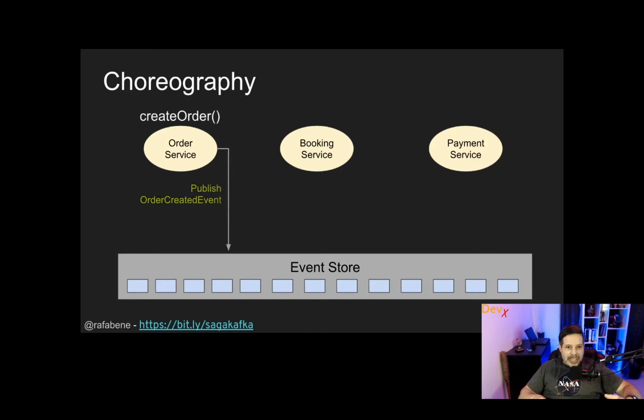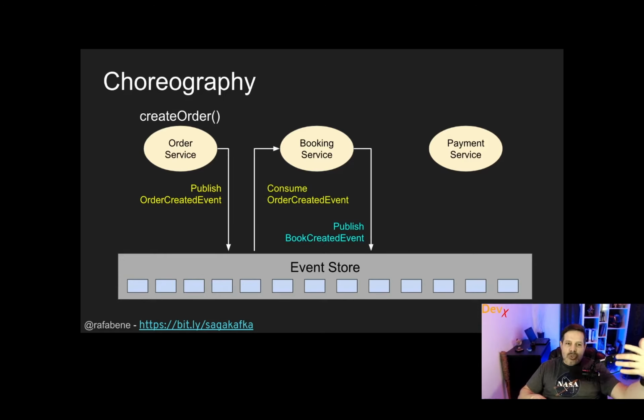Once we create an order, the order is created, and then we publish an event to the event store saying order created event. Now, why is that event important? Because once booking knows that the order has been created, it creates a booking and publishes the result, booking created event.